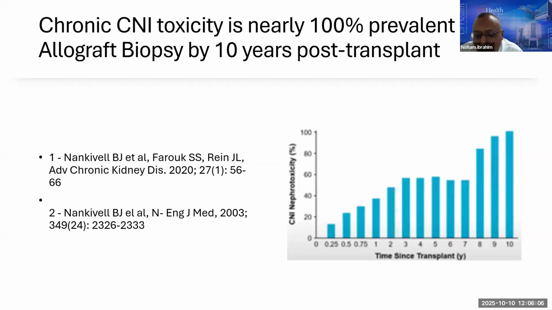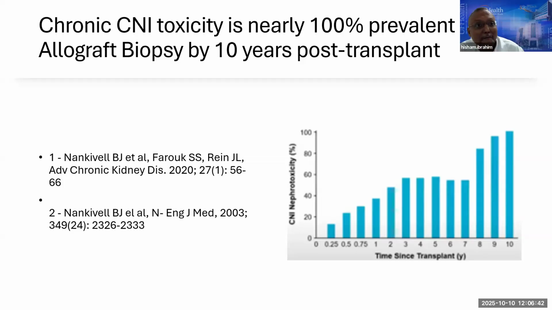Just looking at endpoints like CKD, creatinines, and GFRs, it's really hard to tease apart these two entities. So in order to do that, we usually look at other solid organ transplants where the native kidneys are still present. This way you can actually separate these two entities out. These patients do not have kidney transplant glomerulopathy. They only have CNI toxicities.